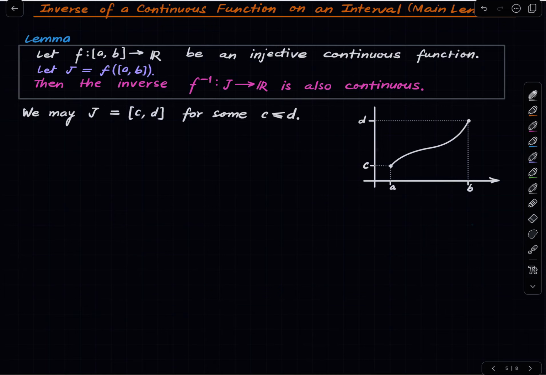This is what we just proved, that the continuous image of a closed interval is again a closed interval. Okay, so we have that, and now let us fix a point in J, and in the figure I am denoting that here, and let yn be a sequence in J such that yn converges to y0.